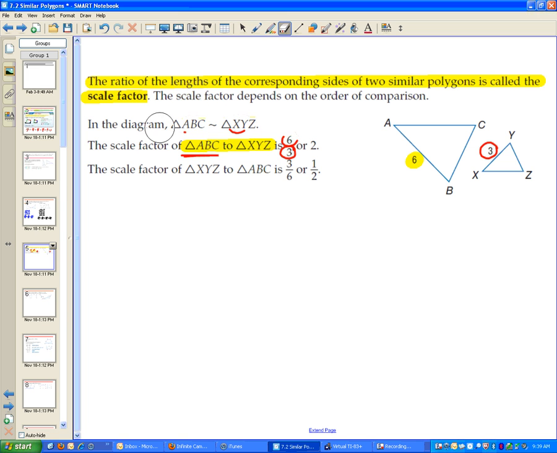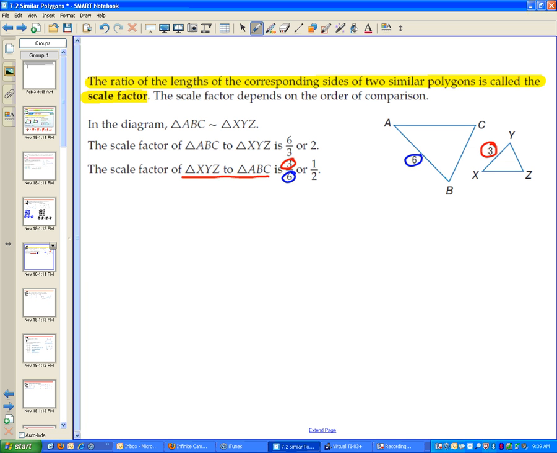But then look, it all changes if they want us to write the scale factor of triangle XYZ to triangle ABC. Now we've got to put the side from triangle XYZ as our numerator. So the 3 becomes our numerator, the 6 becomes our denominator, and the scale factor is 1 to 2.